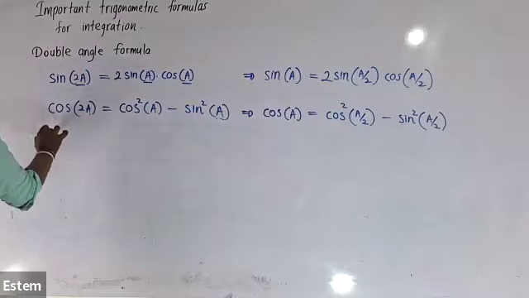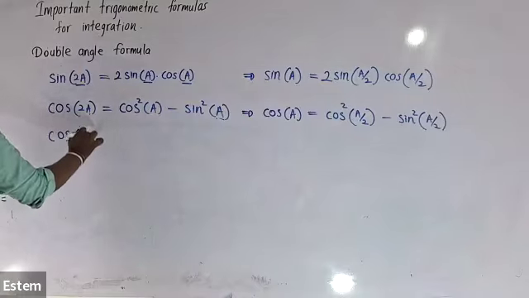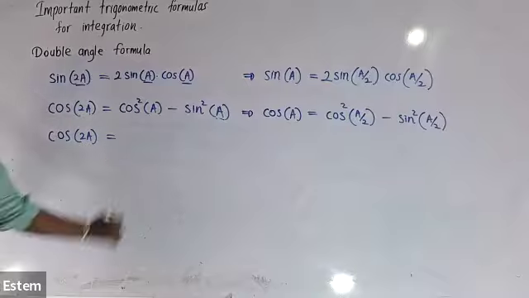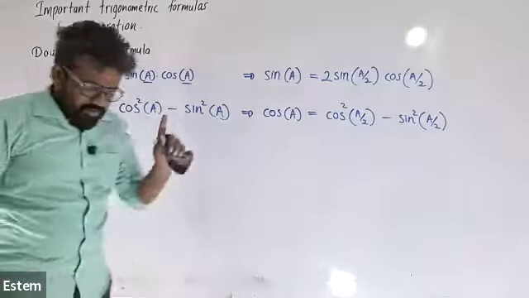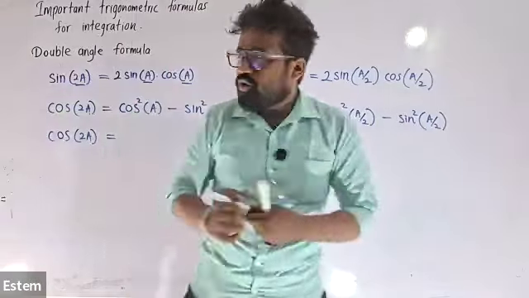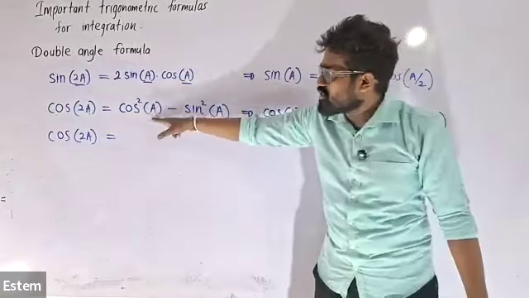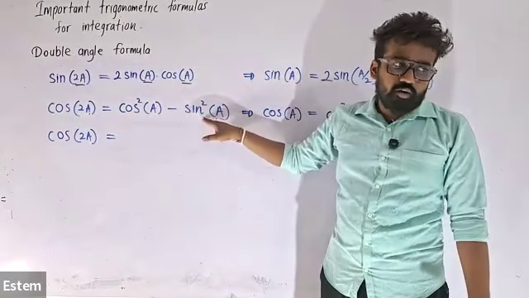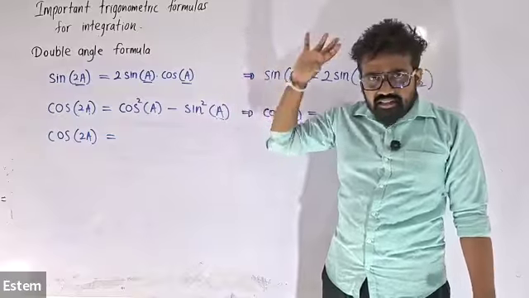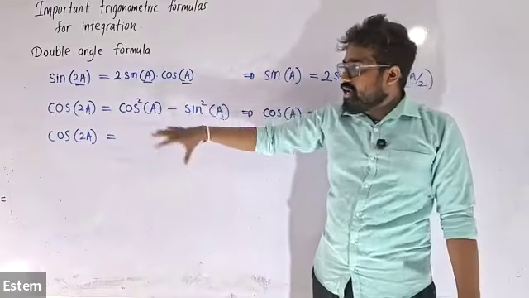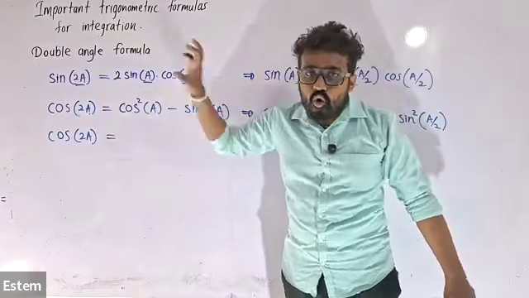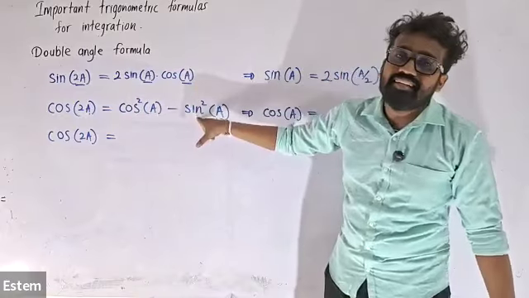Now for cos 2a, there are three formulas. One formula is expressing cos 2a in terms of cos a and sin a. And there is another formula, where we can express cos 2a only in sine terms.